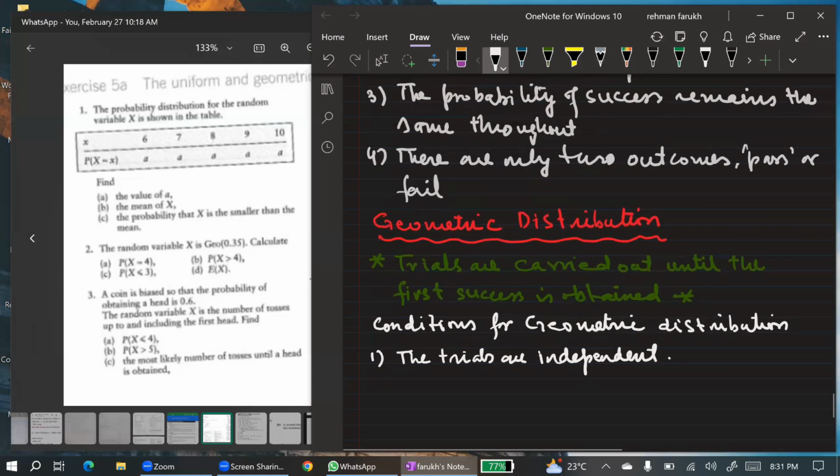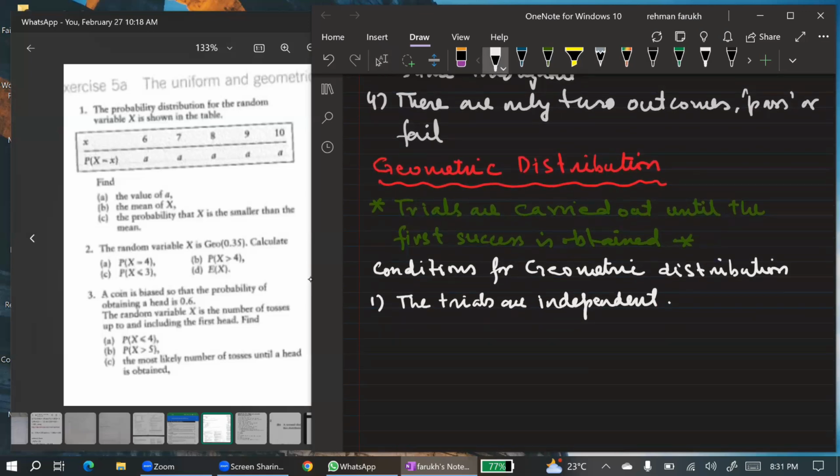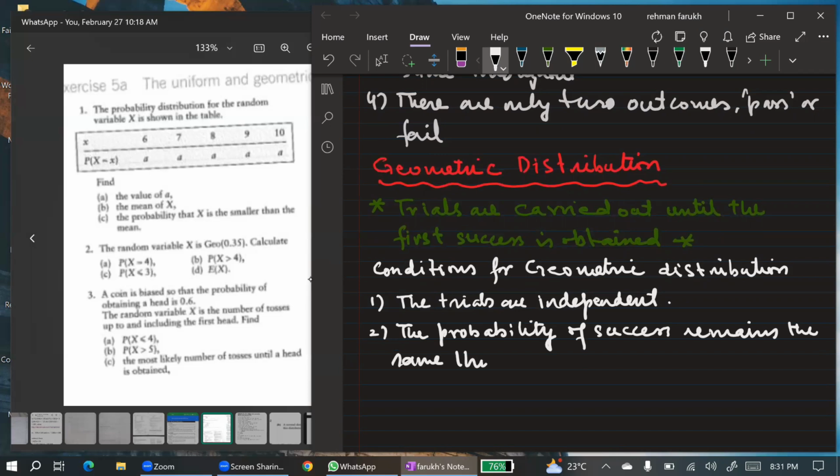The second condition: the probability of success remains the same throughout. Suppose the experiment is to get a 6 on the die, and we will perform the trials until the first 6 is obtained.